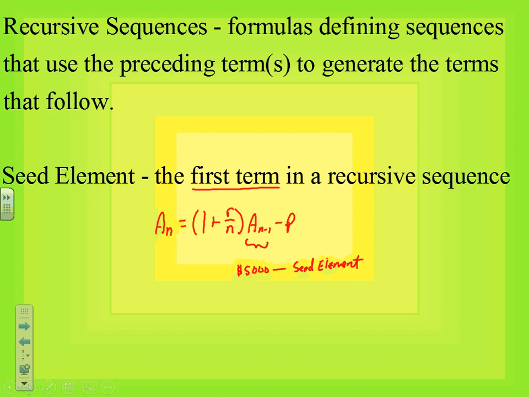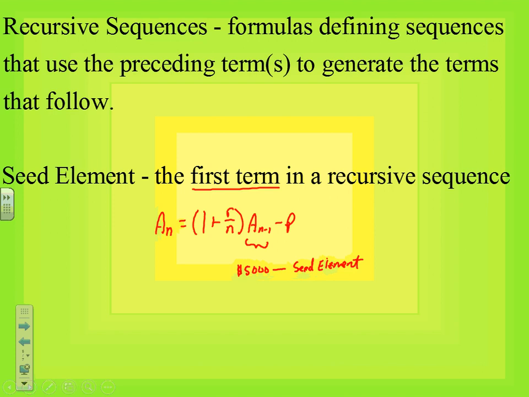We put that number in there, I do the math and I get a new number, and whatever that new number is goes in where that 5,000 was before, and then we get a new number, and then that goes in where the 5,000 was before, and so on. And that's how a recursive sequence works.